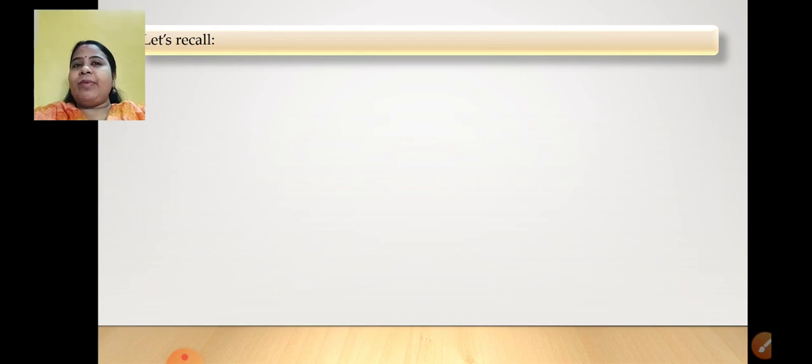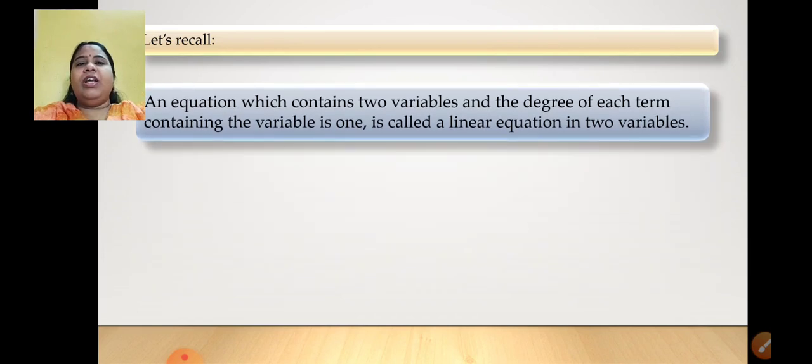We started this chapter with the basic definition. Yes, what was the definition? An equation which contains two variables and the degree of each term containing the variable is 1 is called linear equations in two variables. Okay, now what is this? An equation which contains two variables.